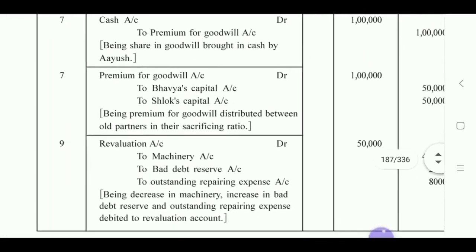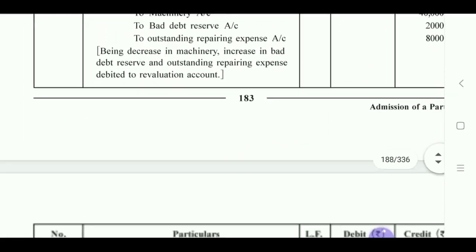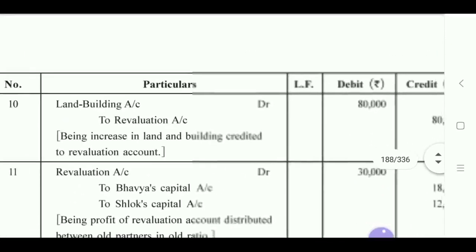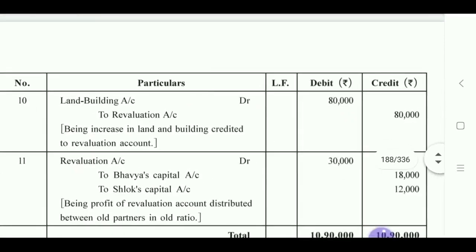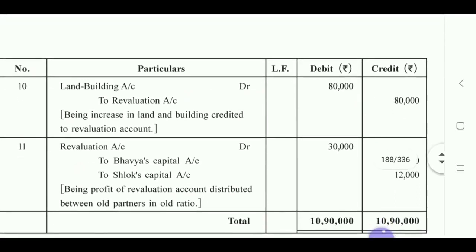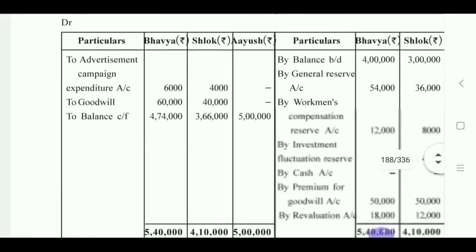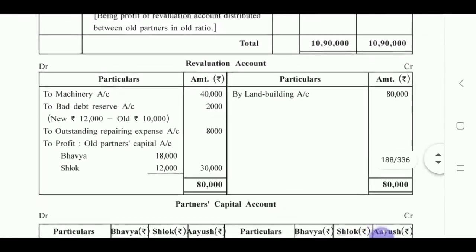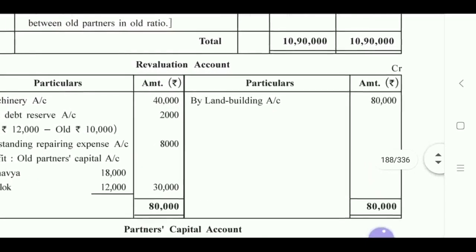Let us check. Yes, we have a journal entry here. The value of land and building has increased by 80,000. Yes? Let us quickly see the posting. I have posted here. Increase in the value of land and building.